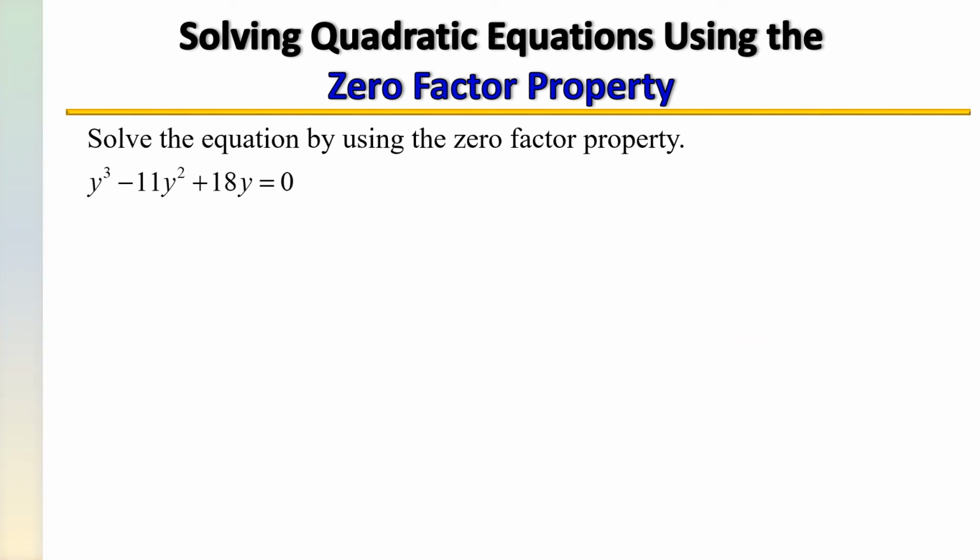Let's solve this equation using the zero factor property. So step 1, let's look at all the terms and see if there is something that they share in common. In other words, let's find out if there's a GCF. So in looking at the smallest number is a 1, so all numbers share a 1 in common.